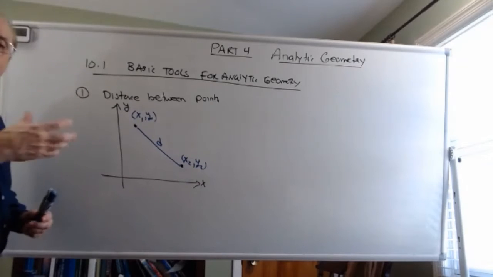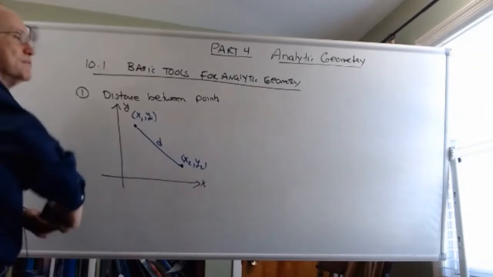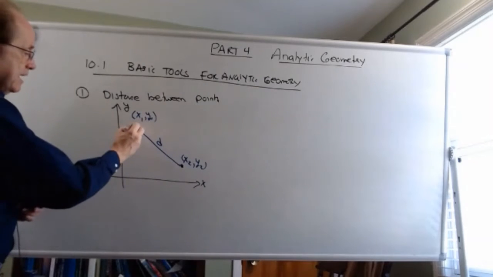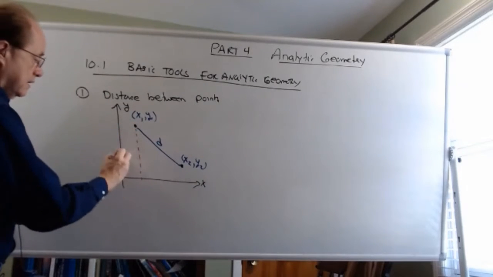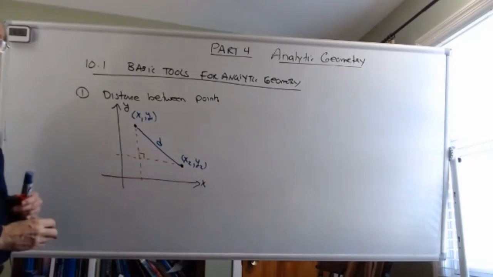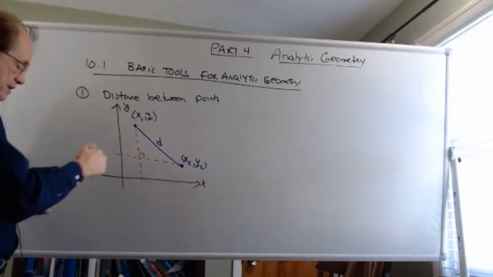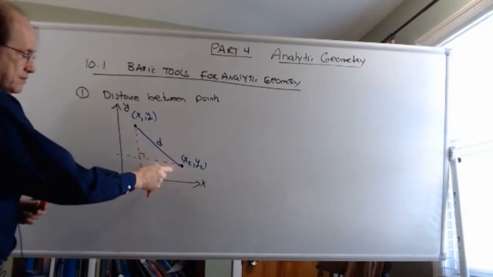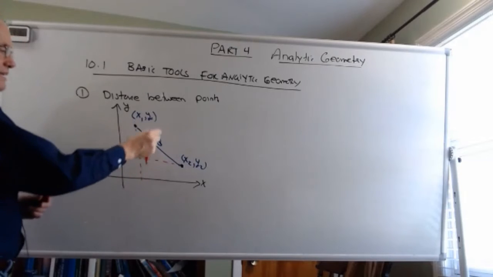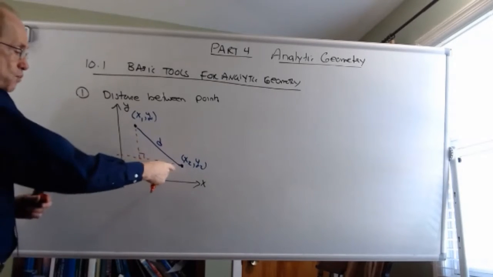Well, what do we do? Go back to our old staple, the Pythagorean theorem. Meaning I will construct, if you will, a right triangle here. I'll find this distance, that distance, and we know that this distance squared plus that distance squared is equal to d squared. Okay, so let's find what each of those are.